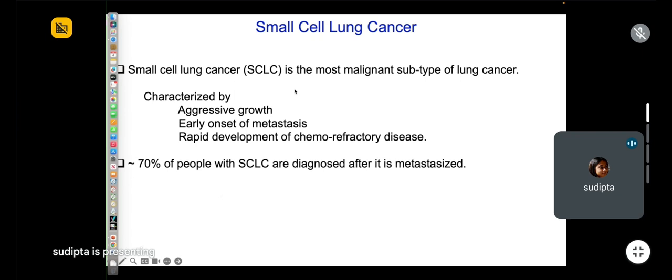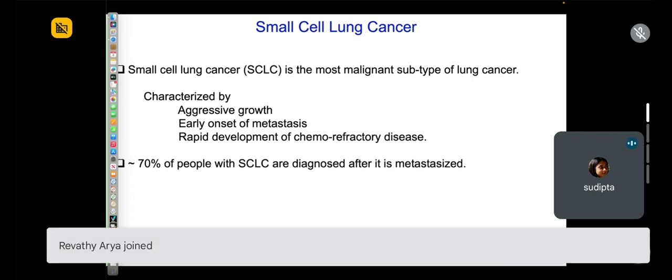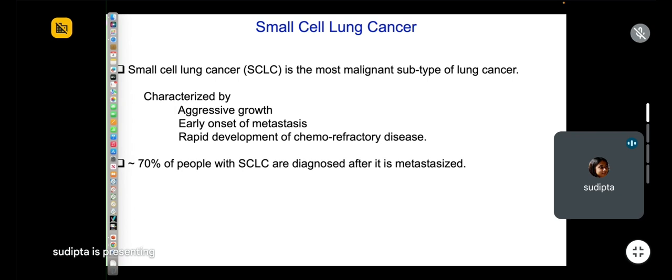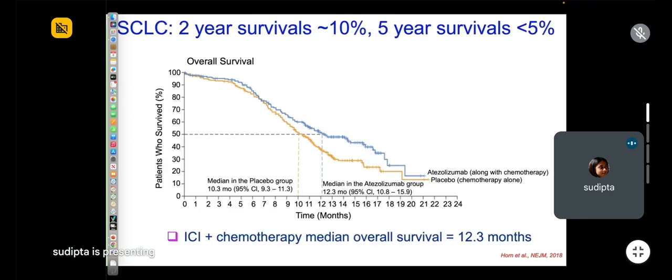Small cell lung cancer is the most malignant subtype of lung cancer, characterized by aggressive growth, early onset metastasis, spreading beyond the lung, and rapid development of chemorefractory disease, which means it becomes resistant to chemotherapy and radiation therapy. On top of that, 70% of people, when they are diagnosed with small cell lung cancer, already have disease that has spread beyond the lung. That's why it is more difficult to treat.